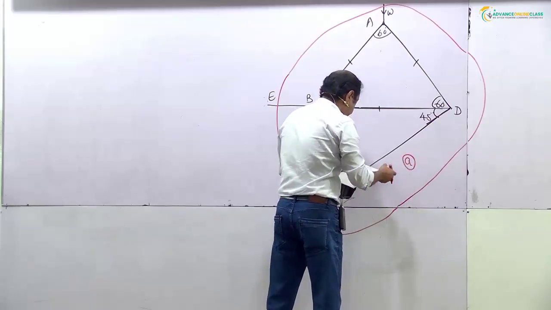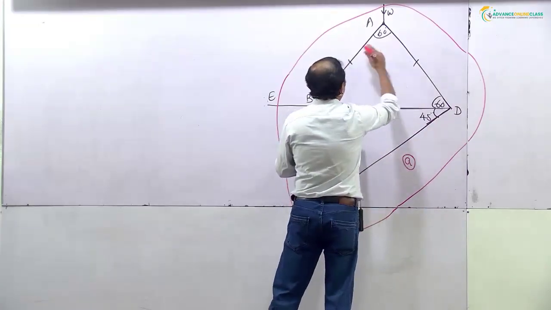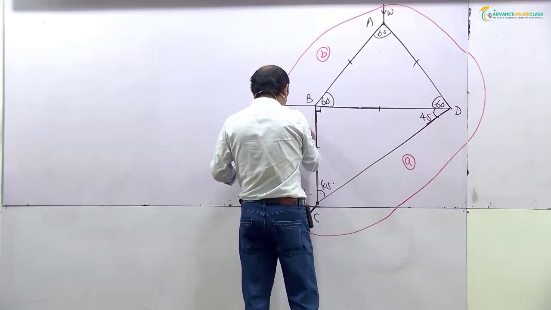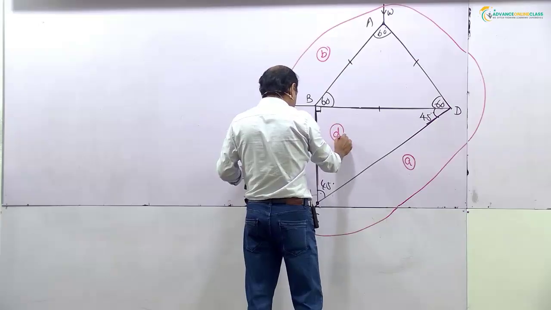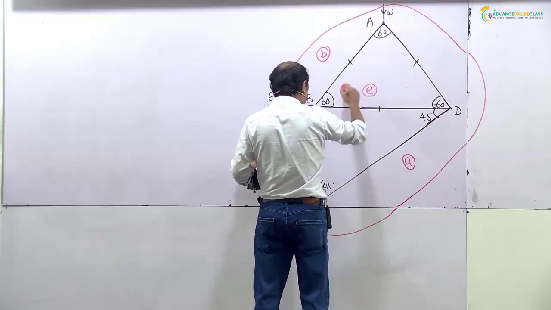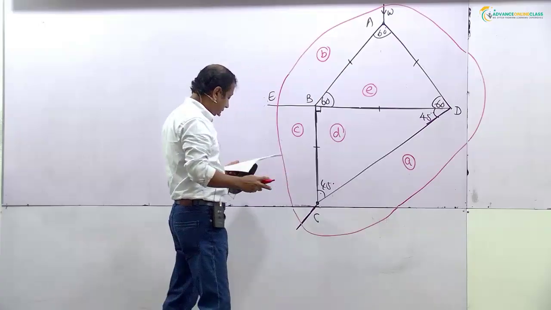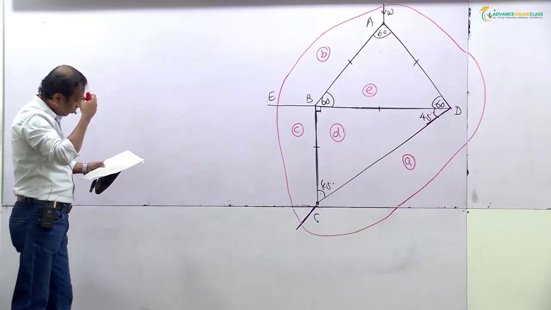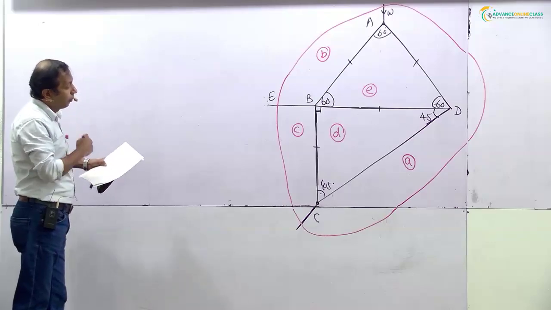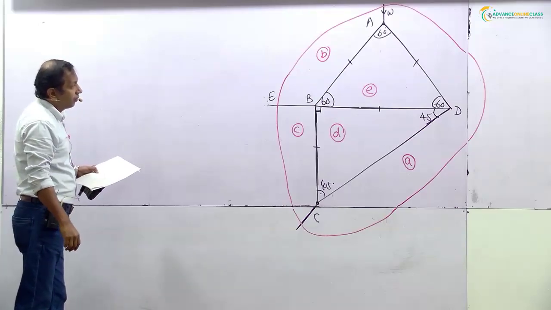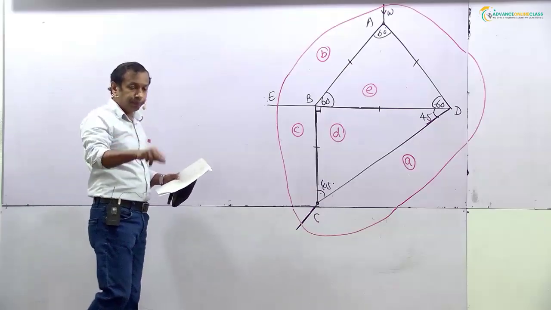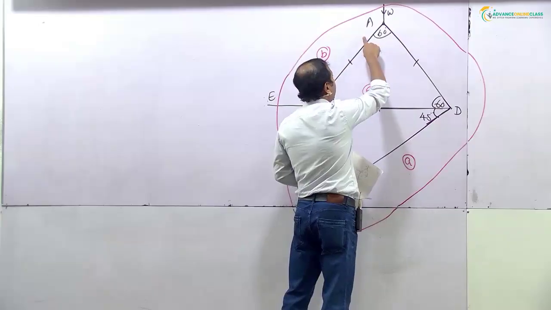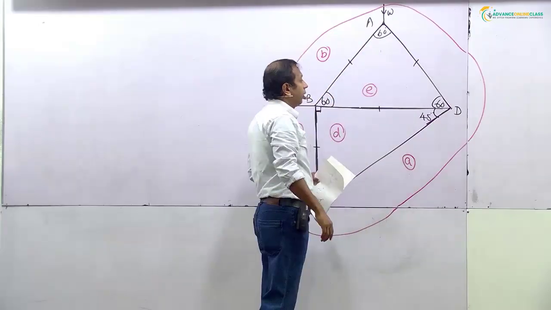This whole thing is region A, this is region B, this is region C, this is region D, this is region E. Then first we draw the stress diagram for joint A, because always we have to take a joint which has only two unknown forces. That joint is A.